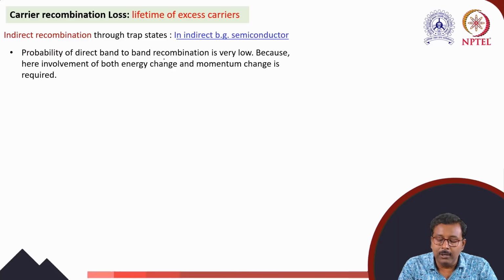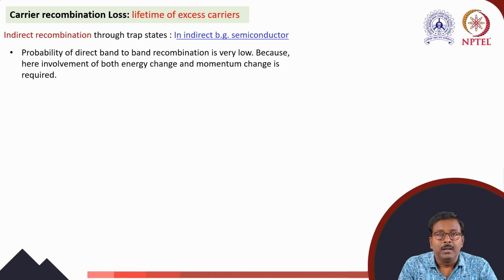Probability of direct band-to-band recombination is very low in case of indirect band gap semiconductor. Why? In case of indirect band gap semiconductor, there is a mismatch between conduction band minima and valence band maxima, mismatch in terms of k.